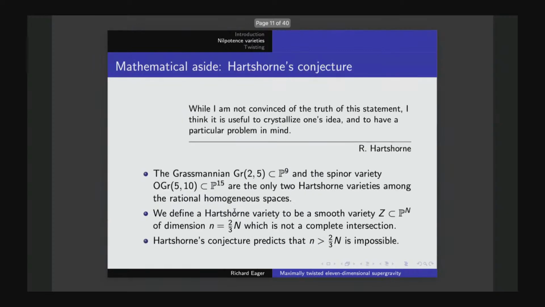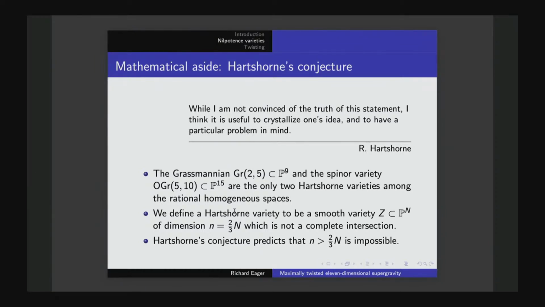And what I like about these nilpotence varieties is they show some very interesting connection to mathematics. In particular, they are the only two Hartshorne varieties among rational homogeneous spaces. And it seems like an odd coincidence that two of the most popular supersymmetry algebras have a fundamental role in algebraic geometry.